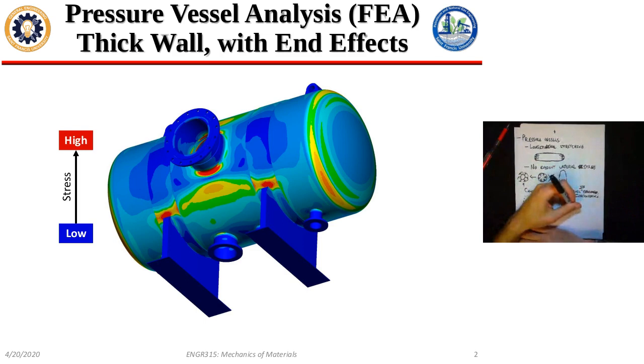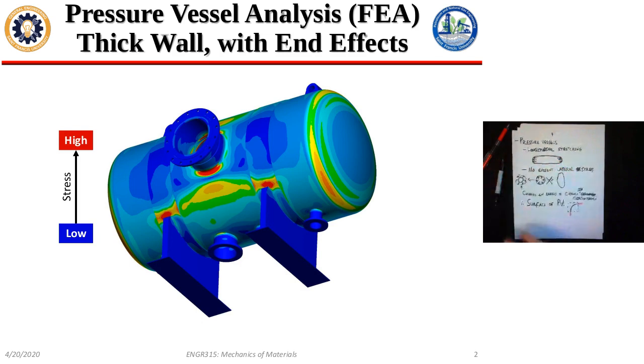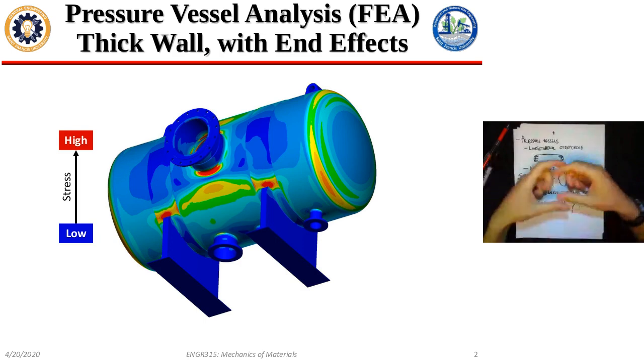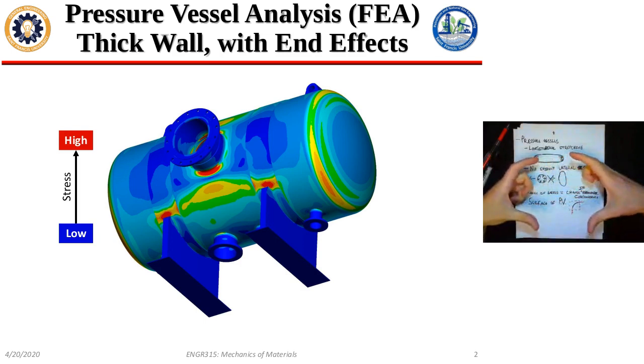So if I was to look at a section of it, that's a section of the pressure vessel skin. If I was to look at that, I'd see it stretching a little bit as the whole vessel got bigger.